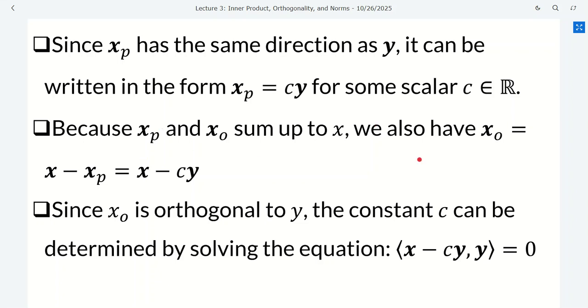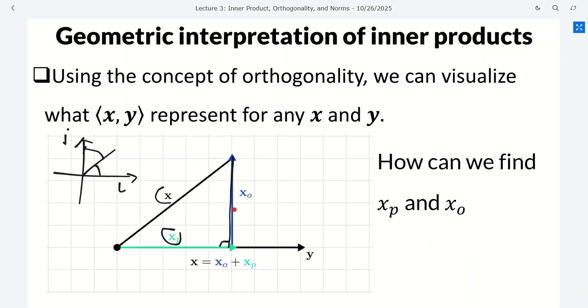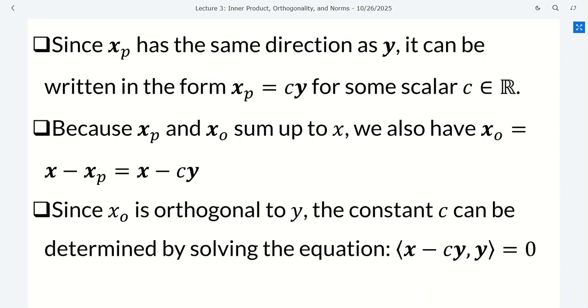Now, if you make x naught the subject, then it's going to be the reverse. So x naught will end up being x minus xp, right? And that is what we have here. So x naught has been made the subject.